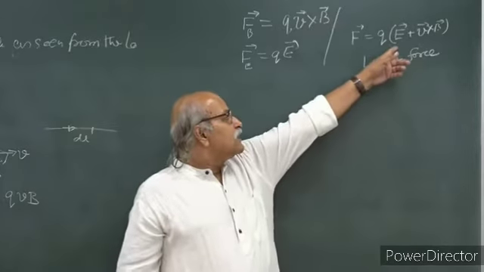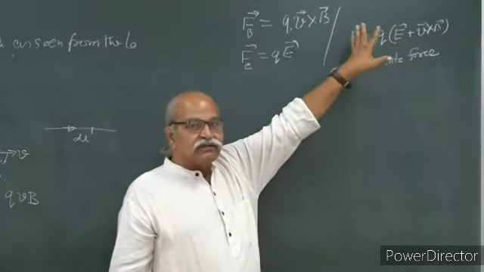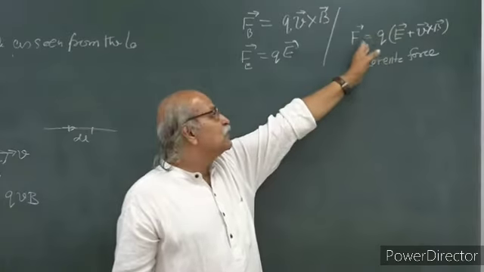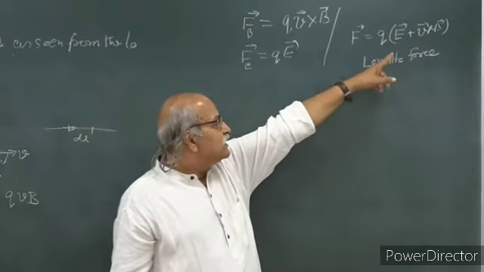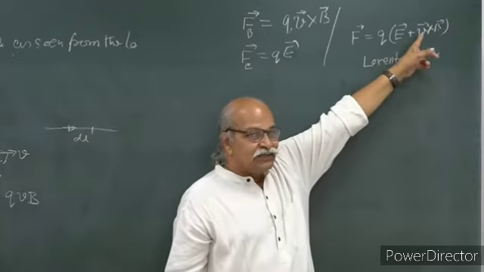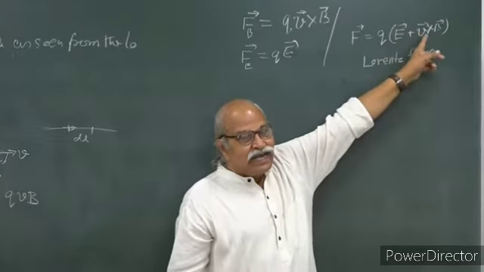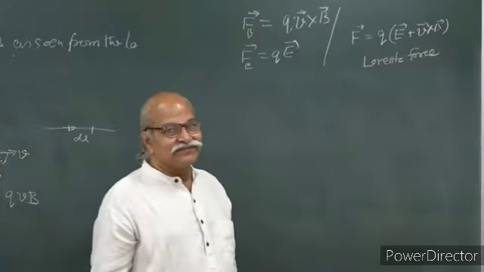So, electric field can exert force on any charge, moving or not moving, and that will be q times E, but the magnetic force will only be there if this v is not 0, the charge is moving, and then this is the expression.